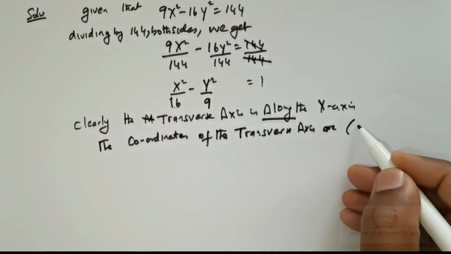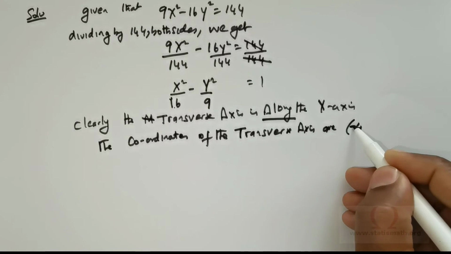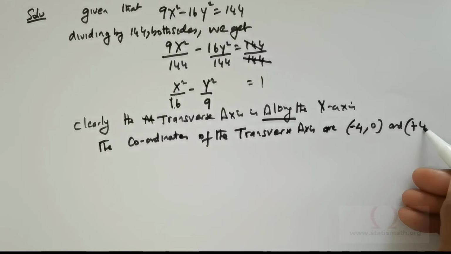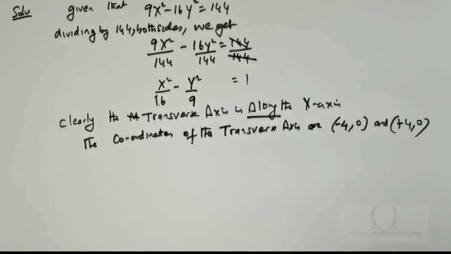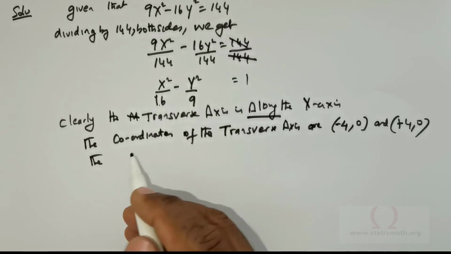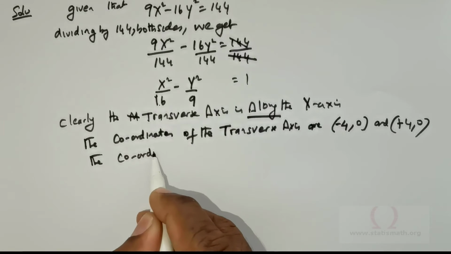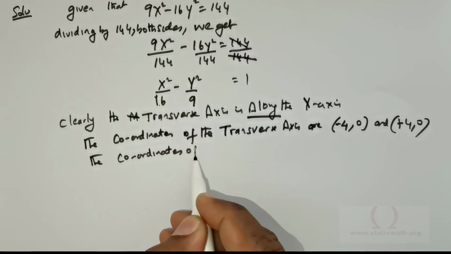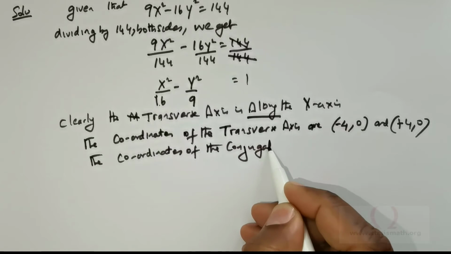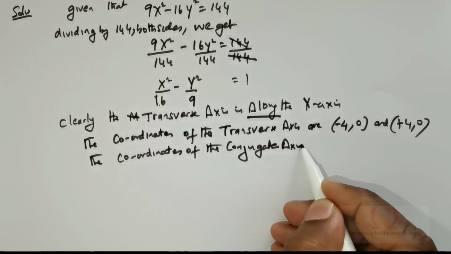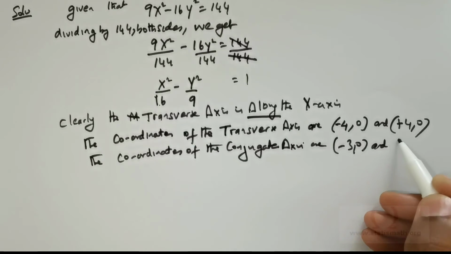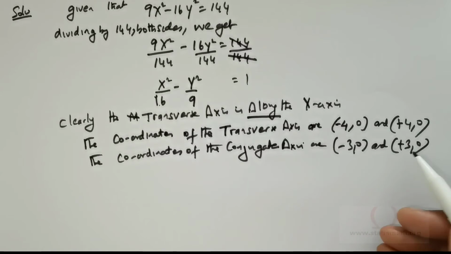So that would mean it's going to be negative 4, 0 and positive 4, 0. Of course, the conjugate axis coordinates you can also find. The coordinates of the conjugate axis are, from here, negative 3, 0 and positive 3, 0.